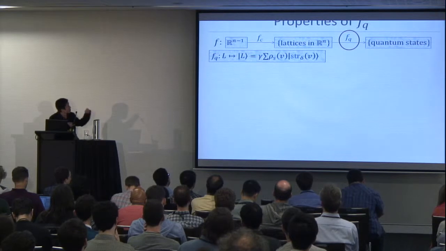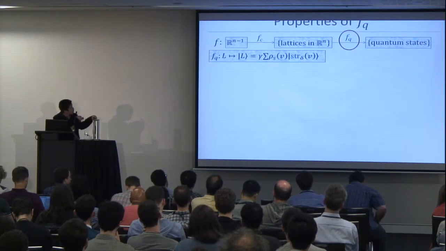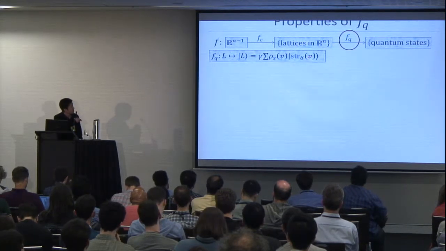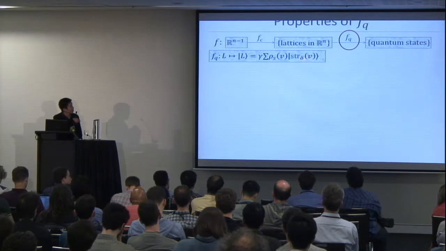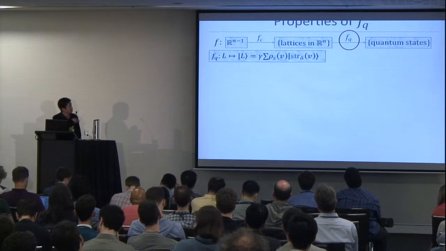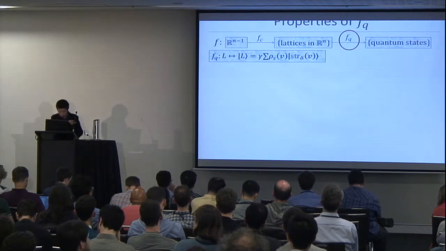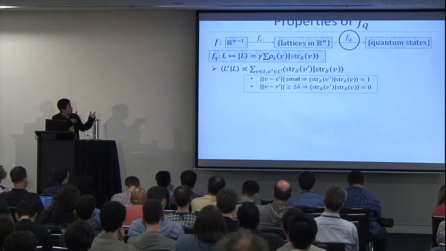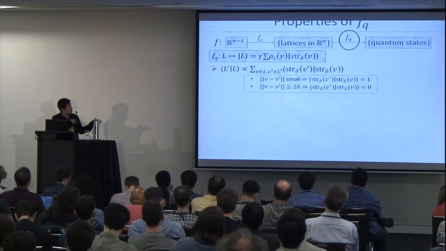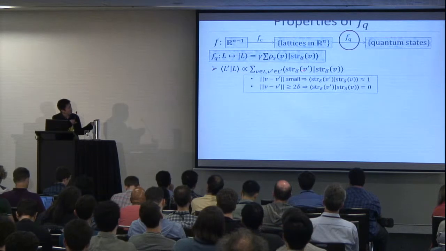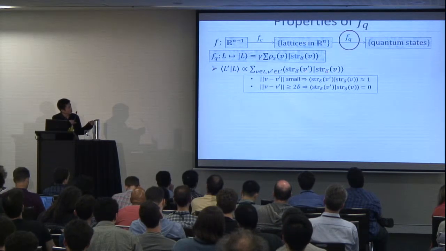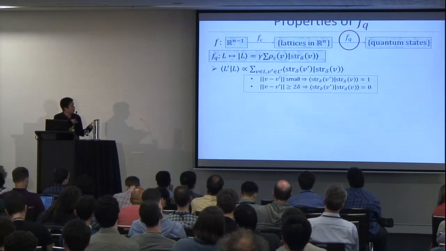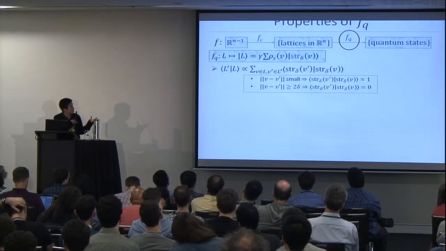Okay, so recall our quantum encoding for a lattice takes a superposition over all lattice points, and each lattice point is encoded by the Strano encoding. If you look at the inner product between the quantum encodings of two lattices, L and L prime, we can find that only if two points are close by do they contribute to the inner product.